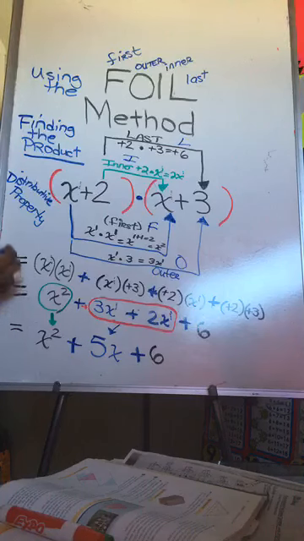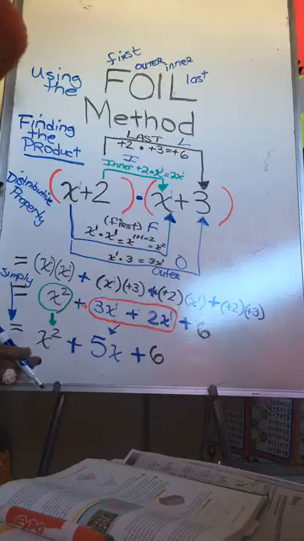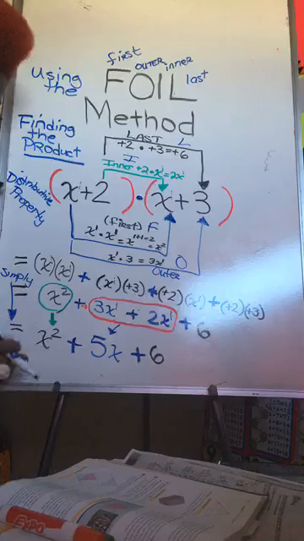So what we did is we went from here to here and we had to simplify. After we did our multiplication, simplify here to here. And when we simplify all the way down to where we can't do anything else, this is the final step.